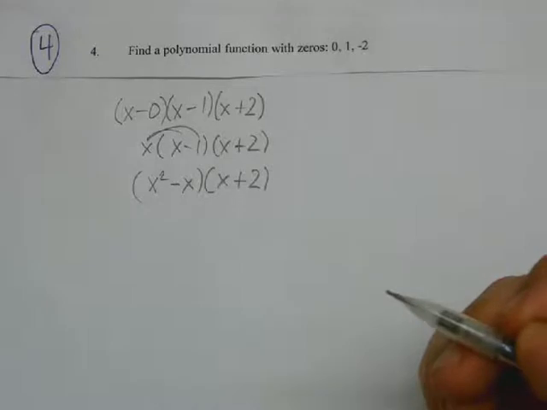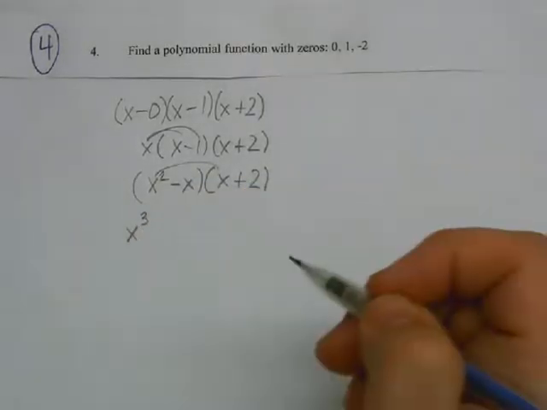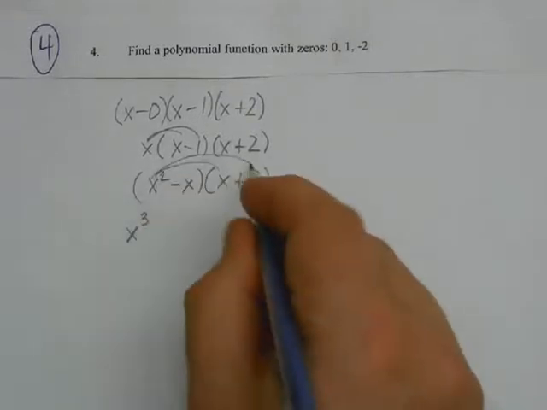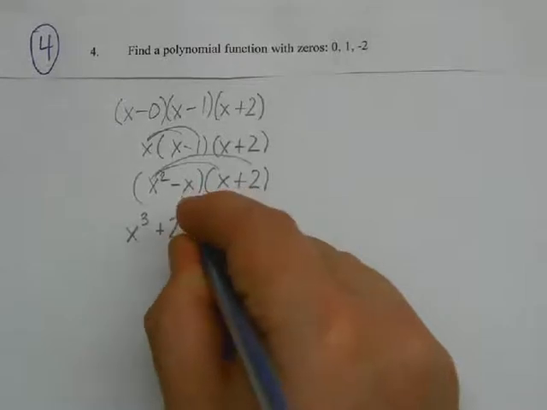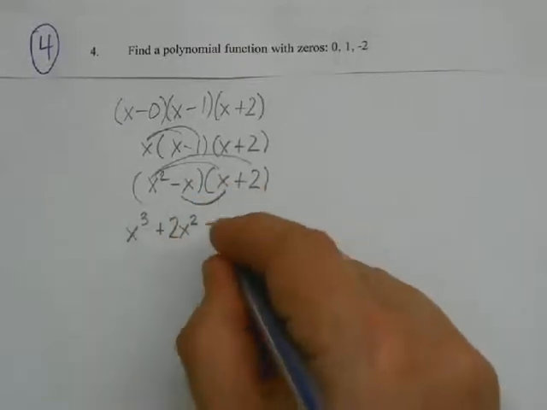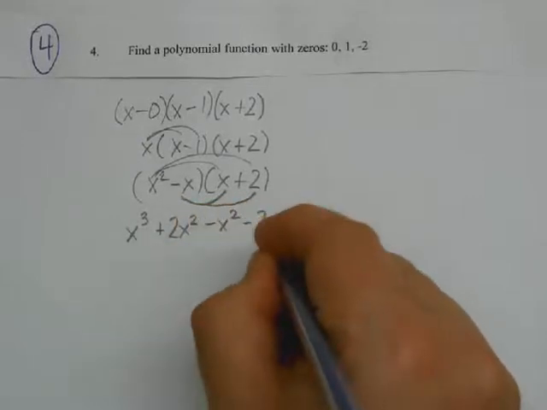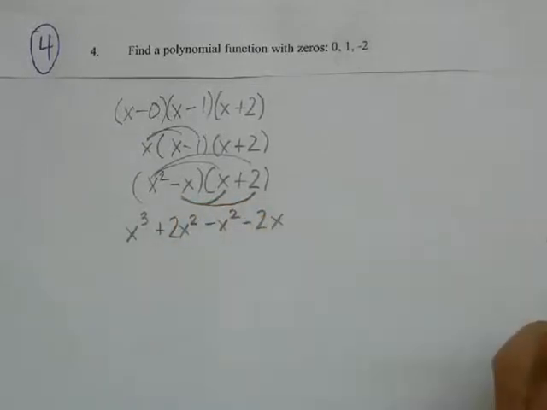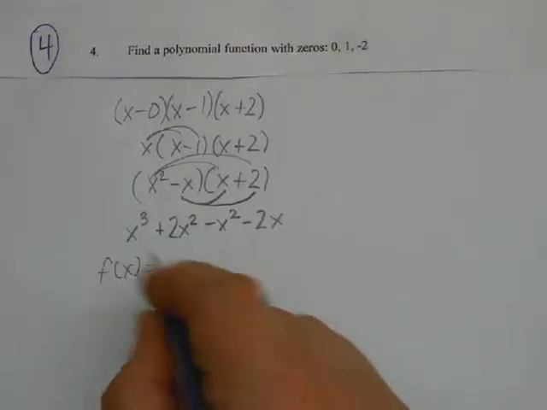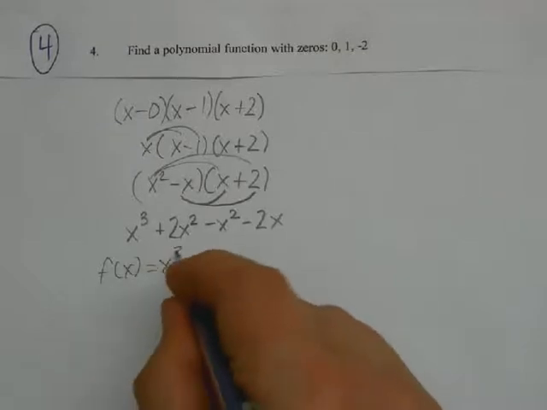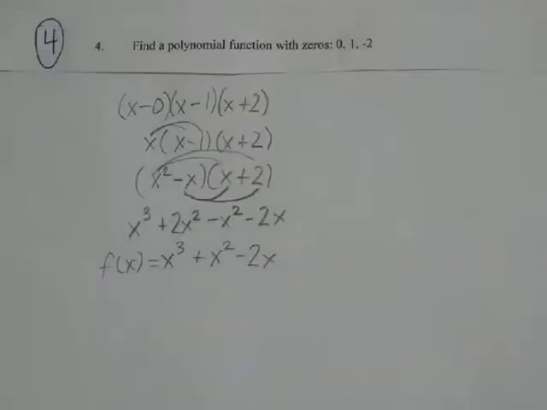Then I FOIL these out. x squared times x is x cubed, plus 2x squared, minus x squared, minus 2x. Combining like terms, we get x cubed plus x squared minus 2x.